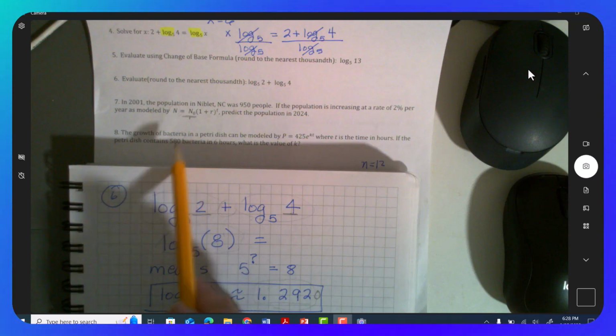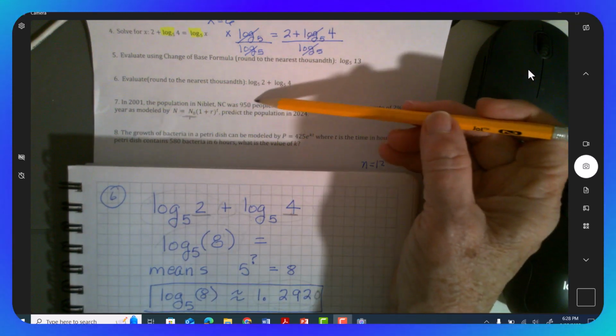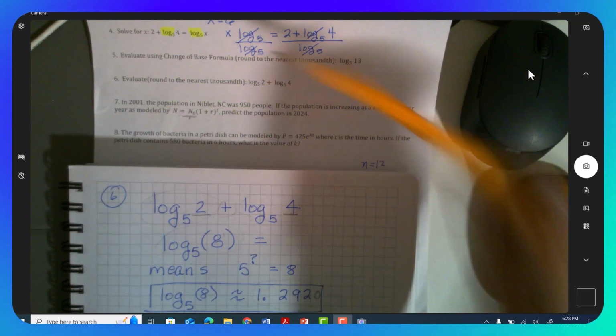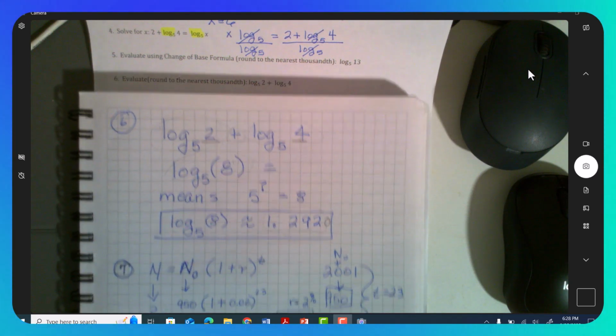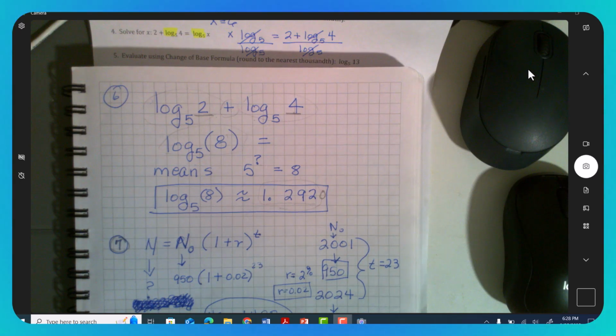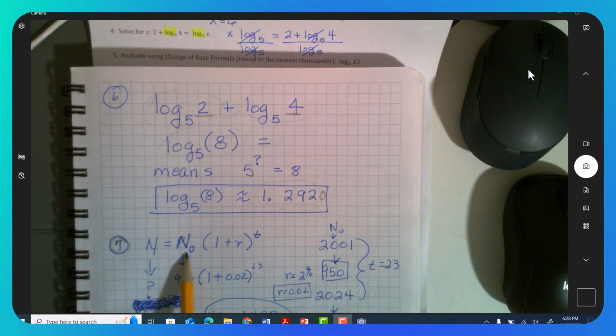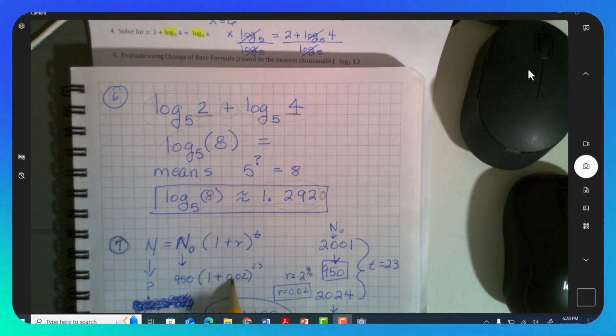So let's take what we've got. We start with 950 people. Okay, let me write that here. So 950 is our starting amount. Our percentage is 2%, and we bring that decimal 2 places to the left.